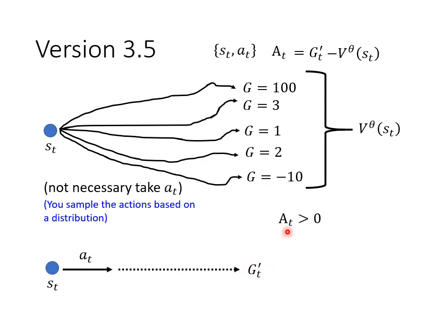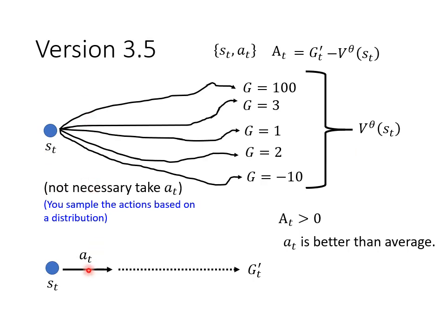What does it mean if AT is greater than 0? If AT is greater than 0, it means that GT prime is greater than v theta of ST. At this point, it means that this action is better than the action we sampled randomly. When we get GT prime, we're certain that AT was executed. When we're calculating v theta of ST during ST, we weren't sure which action would be executed.